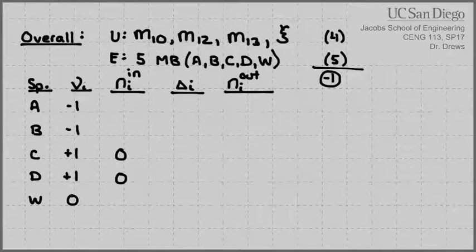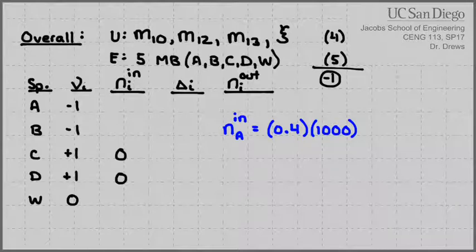And we'll just do that one element at a time instead of converting each one. I'm just going to scribble it over here on the right and then erase it. Since we're watching a video, you can always pull that back out or rewind it and look at it a moment later. I'll just write it in blue so that you don't get confused. The moles of A coming in is equal to that mass fraction in stream 1. We had 40% here times 1,000 pounds for a total stream.